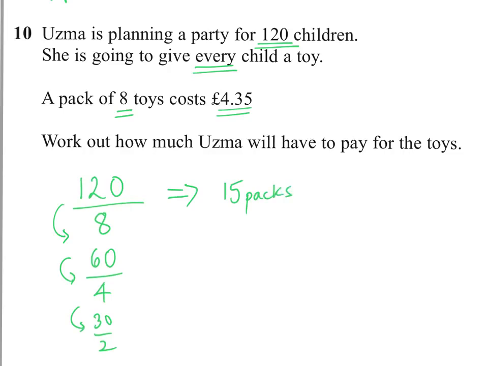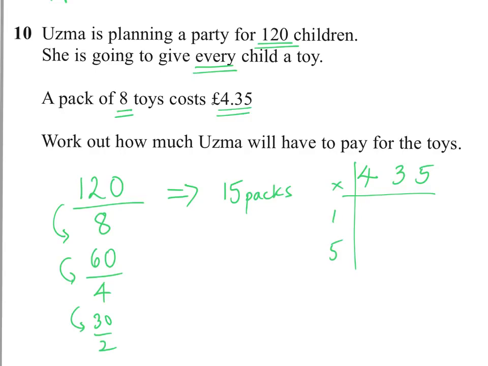Now, each of those packs of 8 toys costs £4.35, so we'd have to do 4.35 times 15. I was about to do that by long multiplication, which I'm not going to need to necessarily do. I'll use my calculator here. I might just finish it off if I've got a bit of time.